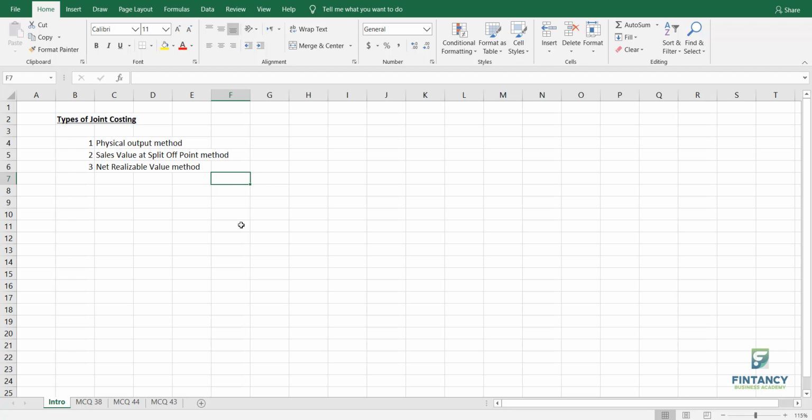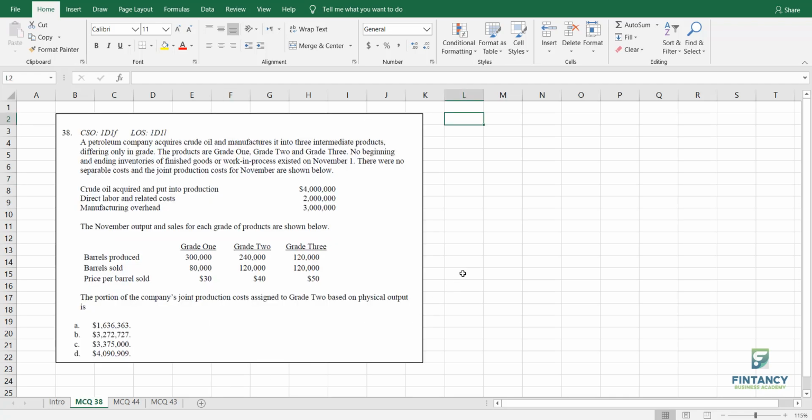So let's start with the first method with question number 38, right? This is question number 38 for you, and exam technique: first read the requirement. They say the portion of the company's joint production cost assigned to grade 2 based on physical output.